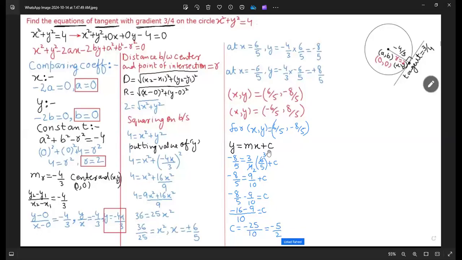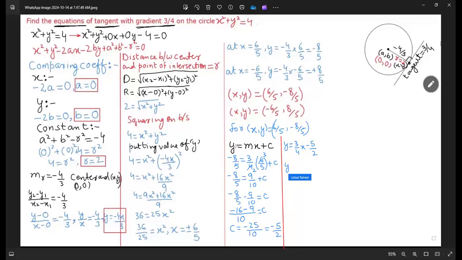So this value I will be plotting it back over here to get my equation over here, right? In order to get the equation, plot the value of c over here with m. Okay, so y equals to m is 3 over 4 x minus 5 over 2.